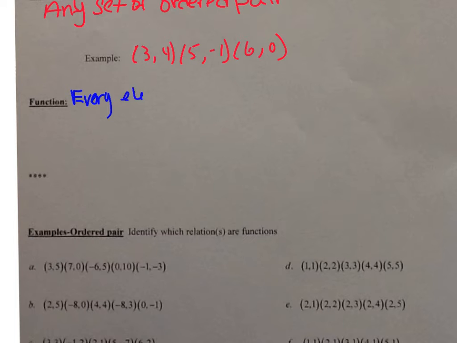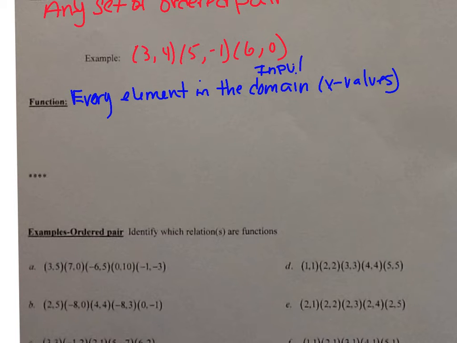Every element in the domain corresponds to one and only one element in the range. Now, the domain, hopefully you remember, are your x values. This is also called your input.